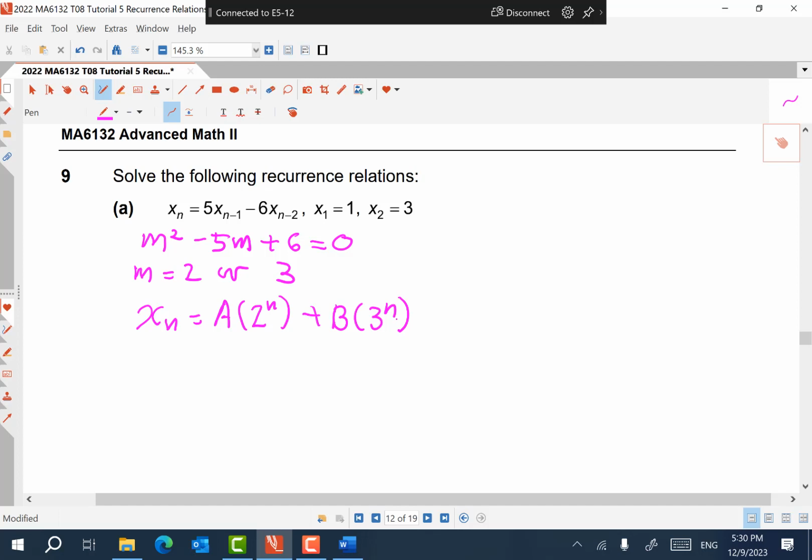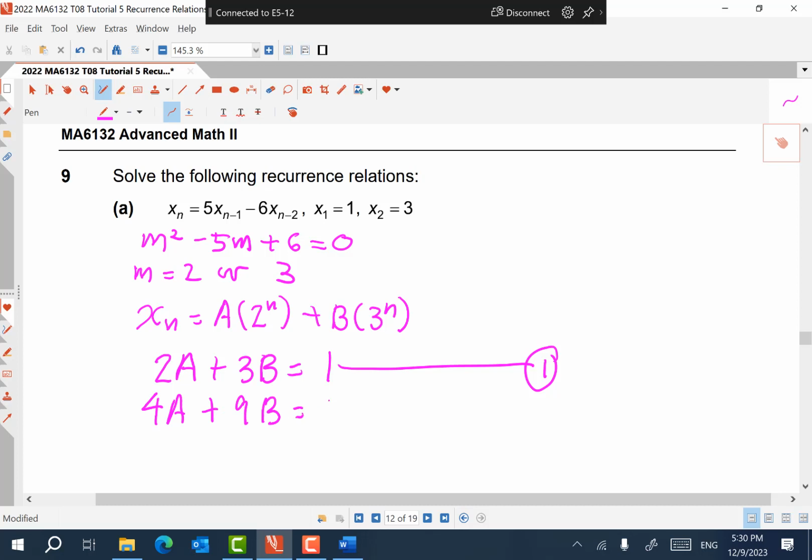Okay, what's the next thing you do? You will say that 2a plus 3b is equal to x1. Next line, 4a equals to, and then you solve them simultaneously for a and b, you know.